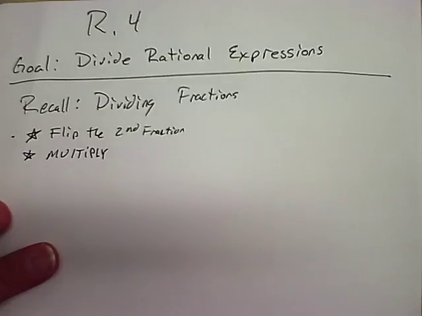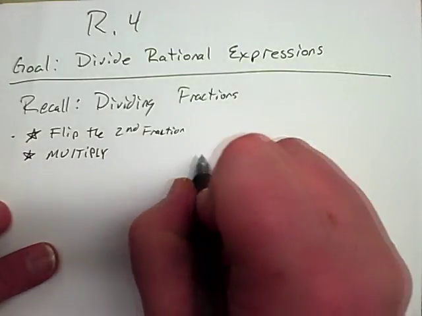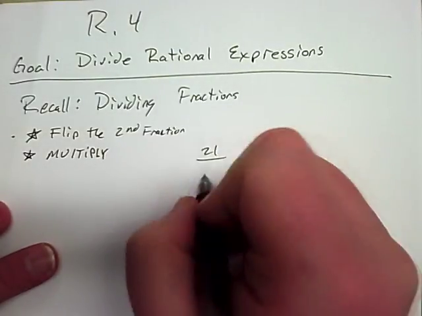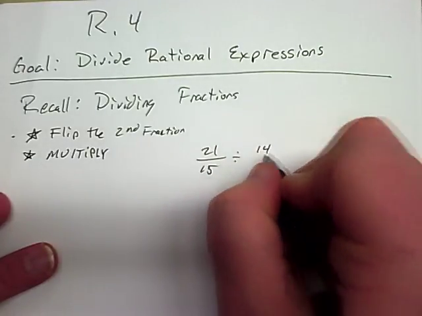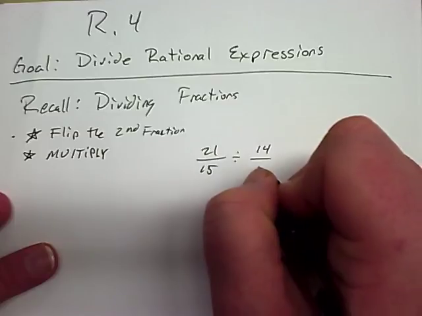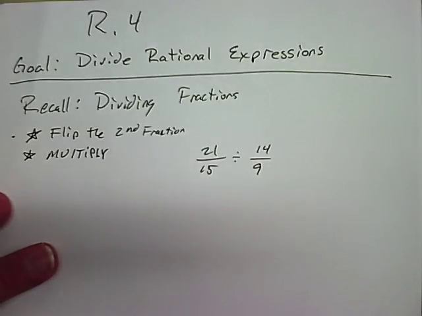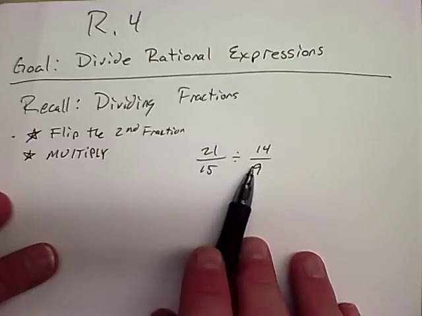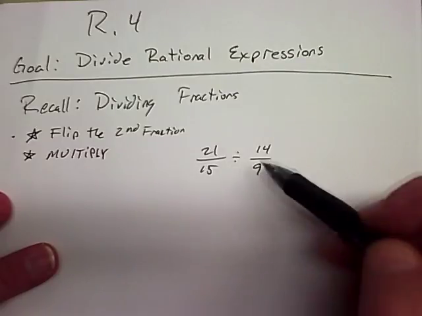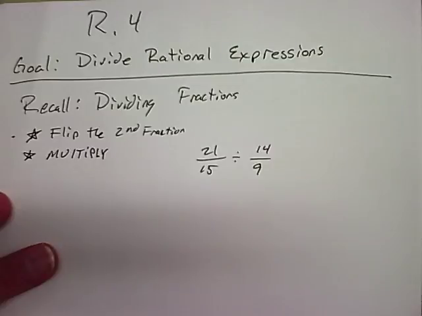So let's go over an example here. If I had something like 21 over 15 divided by, let's go with 14 over 9, well, if I'm going to divide these, I have to flip the second one and then multiply.